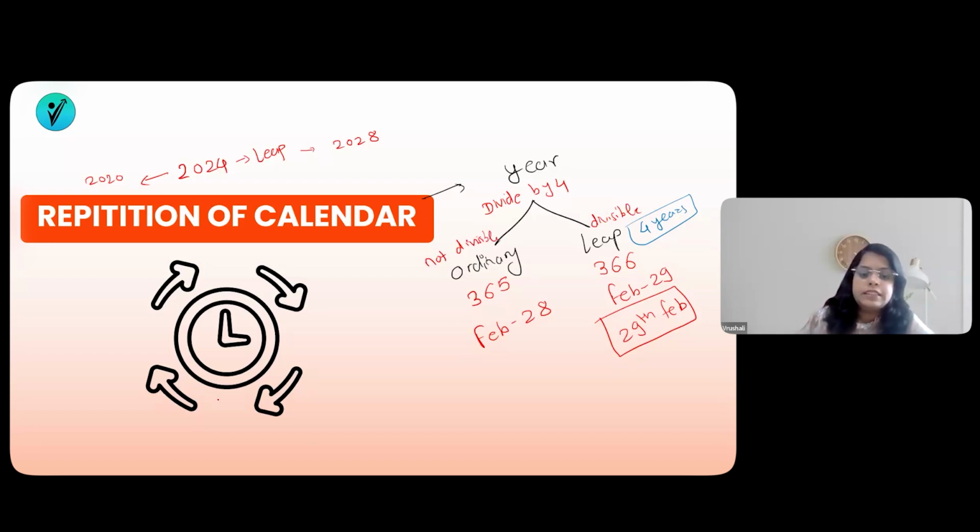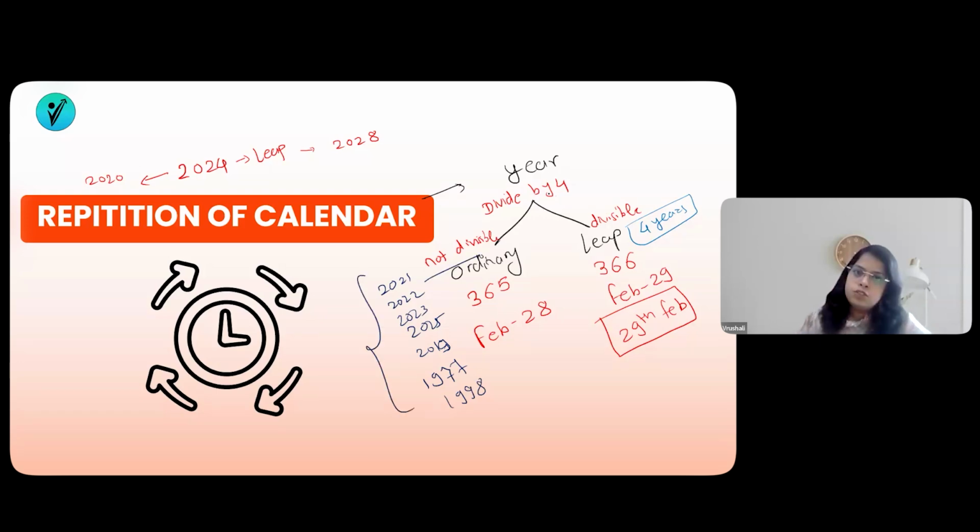We can see there are different years. Ordinary years will be 2021, 2022, 2023, next 2025, 2019, 1977, 1998. All are ordinary years because these are not divisible by 4.